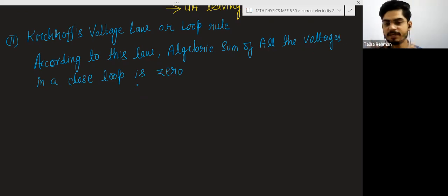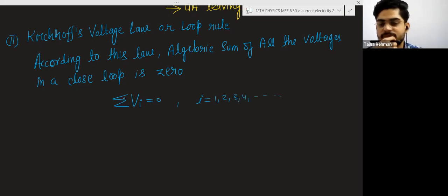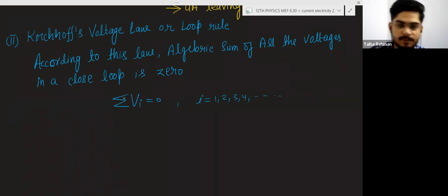This is the statement. Please have patience. You can write summation of Vi is equal to 0, where i is equal to 1, 2, 3, 4 and so on. i is a positive integer. Okay. Now leave that.